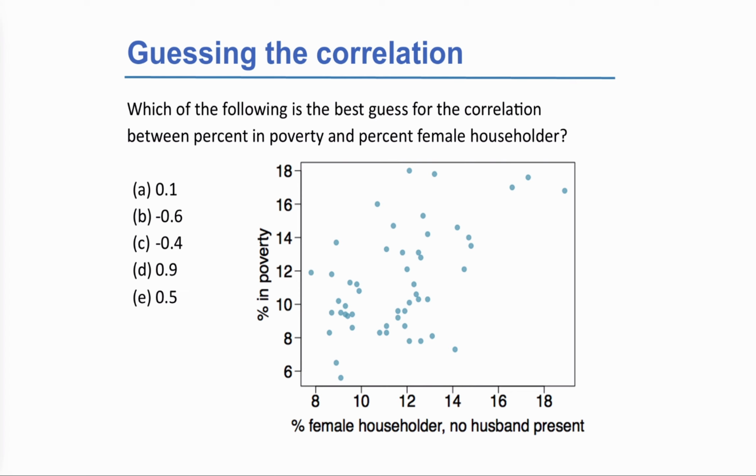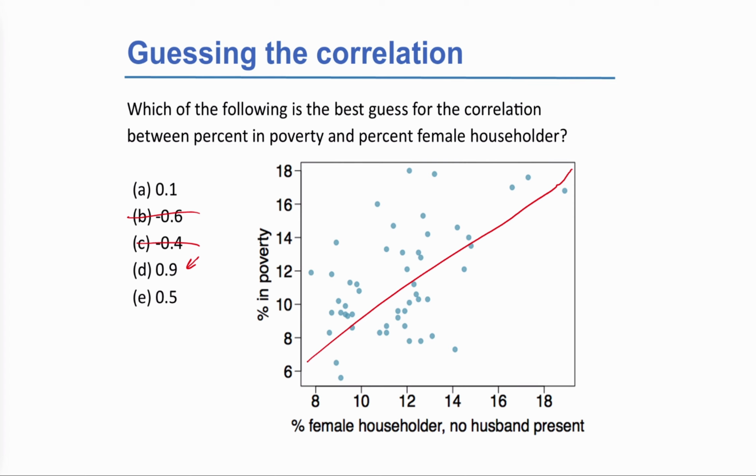Which of the following is the best guess for the correlation between percent in poverty and female percent householder? So if we were to sketch a line on this one, it would look something like this. So it's definitely a positive correlation. So we can eliminate the negatives. 0.9 would be a very strong positive correlation.